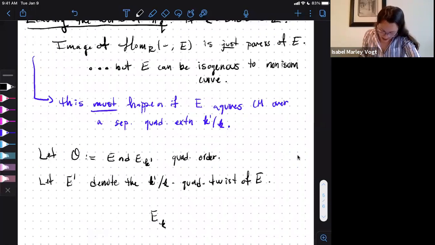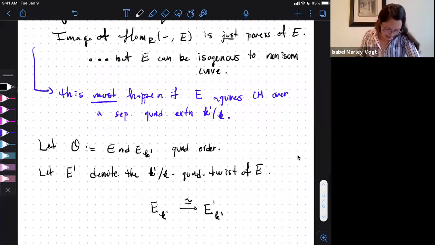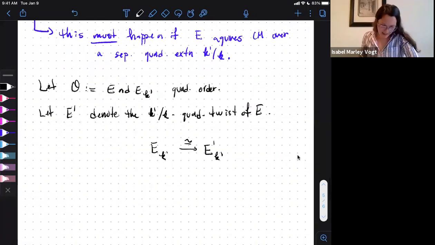But when I base change to K prime, it is isomorphic to E. So I have an isomorphism that's defined over K prime, and let me call this isomorphism phi.